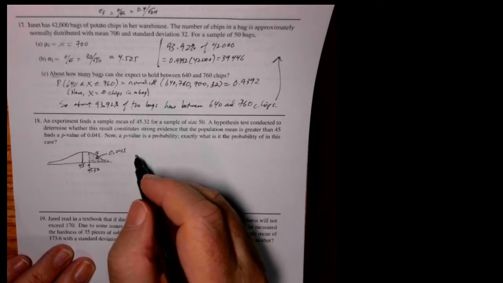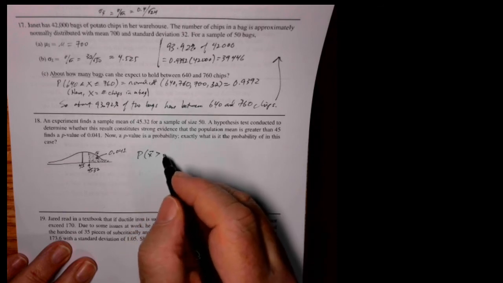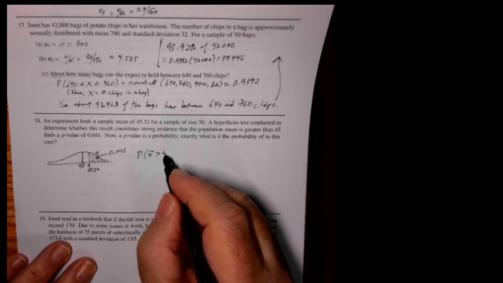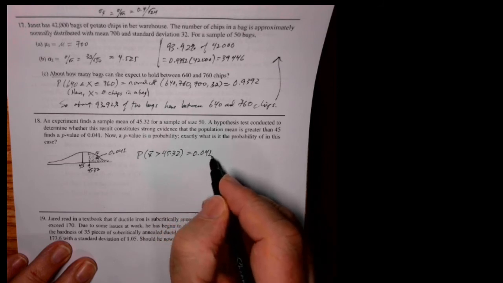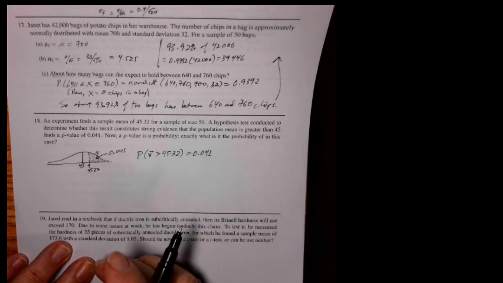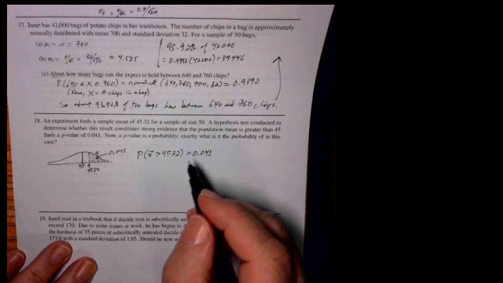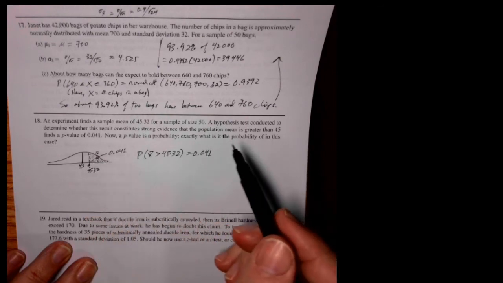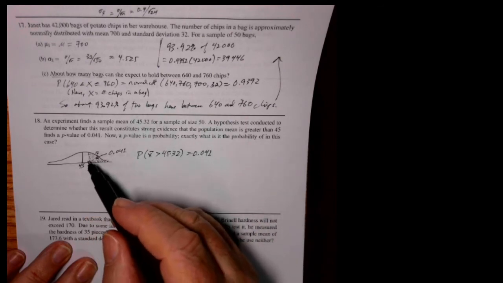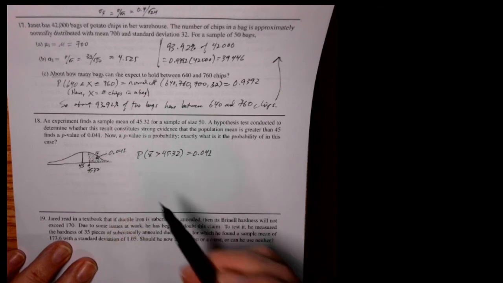So you could write this by saying the probability that x bar is greater than 45.32 is 0.041, and that would actually express what p is the probability of here. That's the p-value. It's the probability that the mean of a randomly chosen sample in this situation would be at least as large as 45.32.